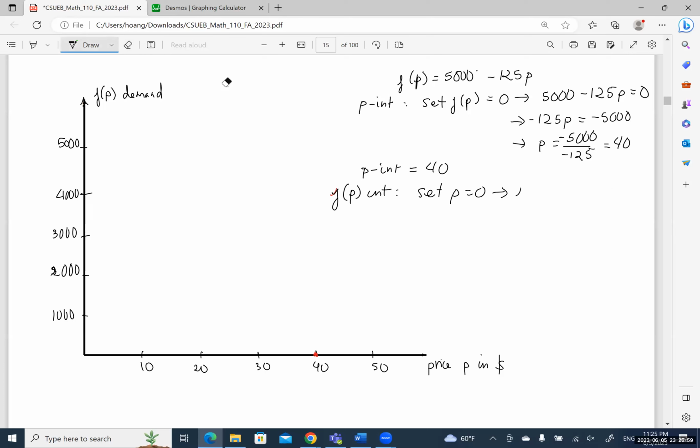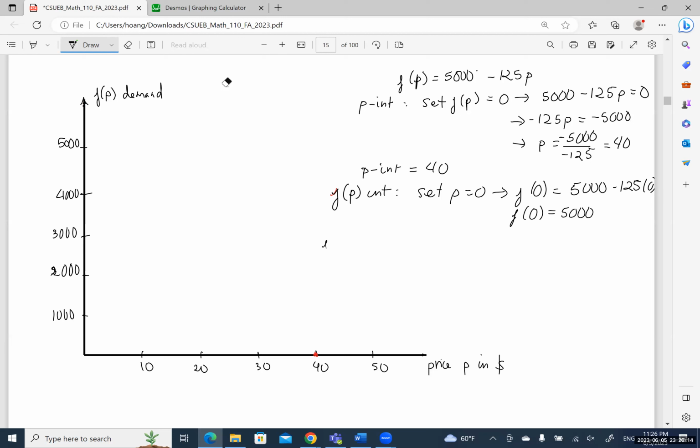So f of 0 will be 5,000 minus 125 times 0. So that gives us f of 0 equal to 5,000.